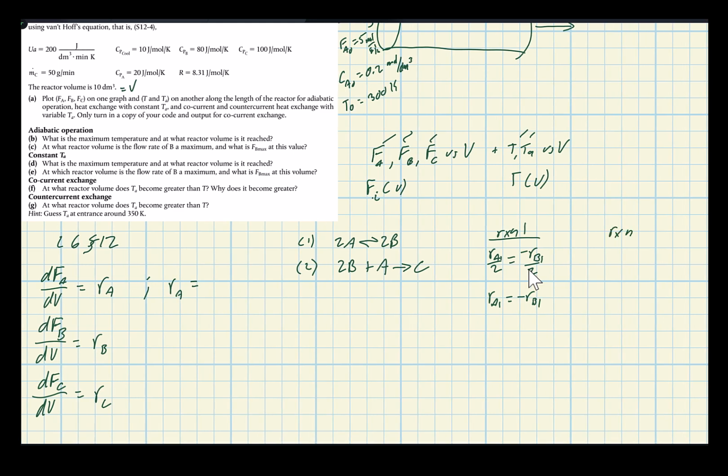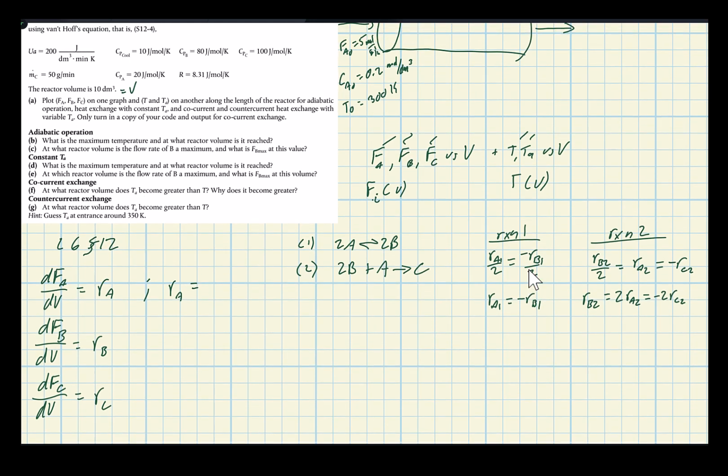For reaction 2, we've got 3 components now, so the reaction rate of B2 over 2 is equal to the reaction rate of A2, which is equal to the opposite of the reaction rate of C, which we can call C2, but there's only one C. So we know that the reaction rate of B2 is equal to twice that of A2, and minus twice that of C2.